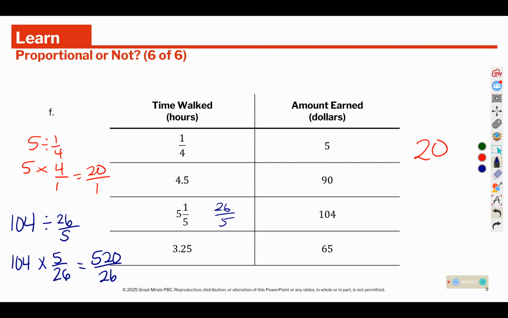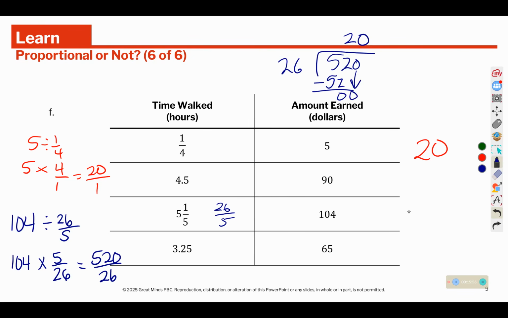Well, does 26 fit into 520 exactly 20 times? Let's see. 26 times 2 is 52, which leaves us with no leftovers.